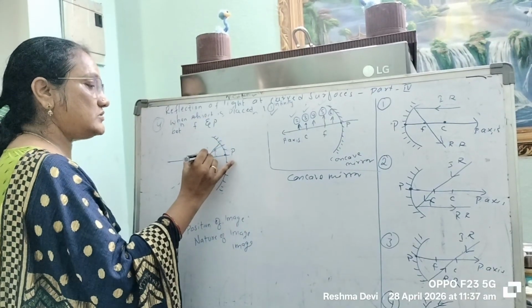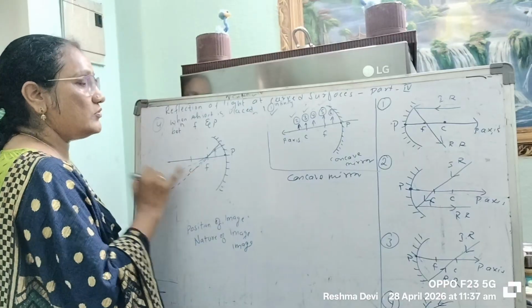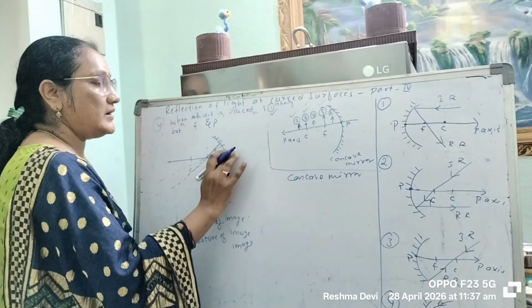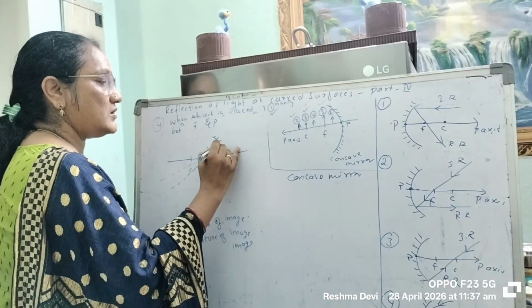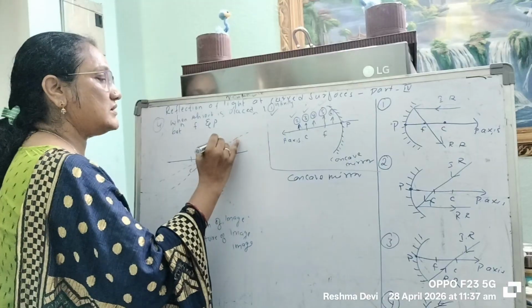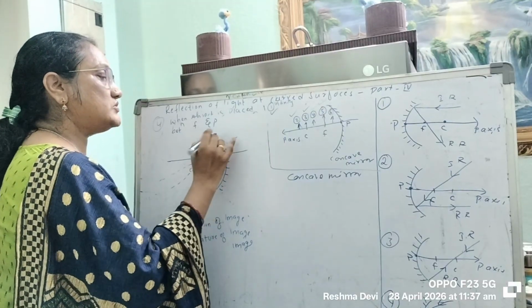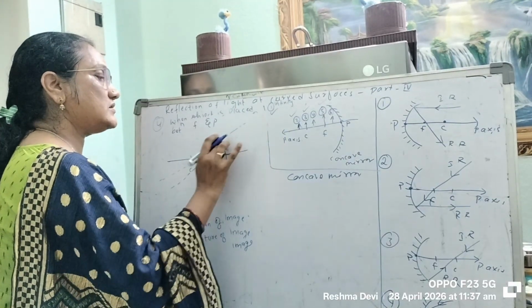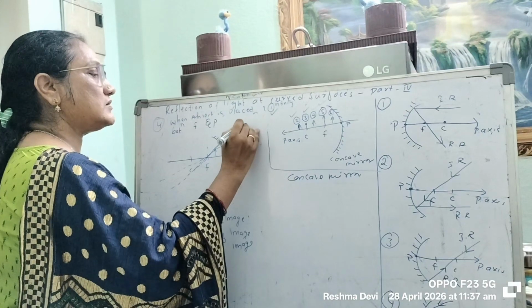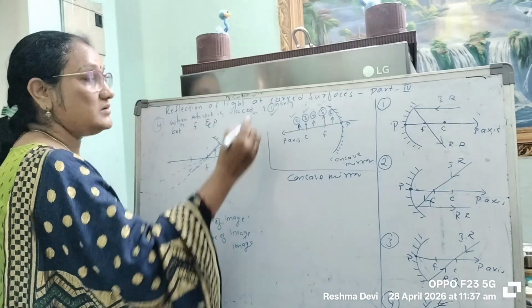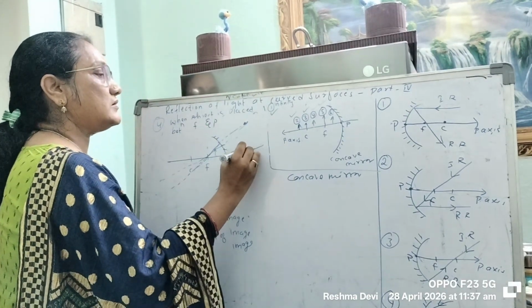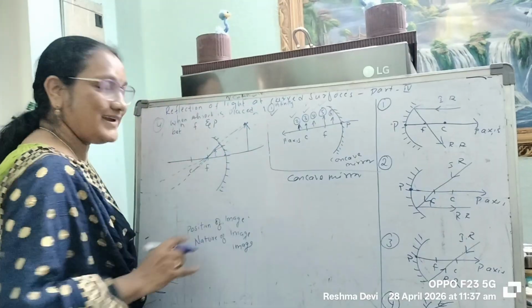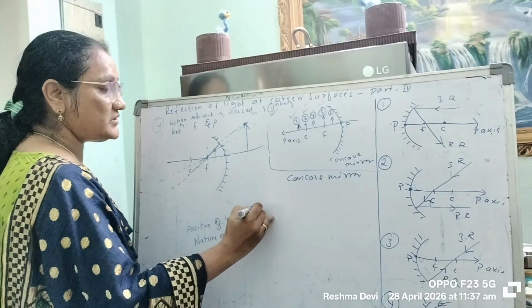They will pass through the focus. Now we see these two rays coming behind the mirror. Right? Image position.